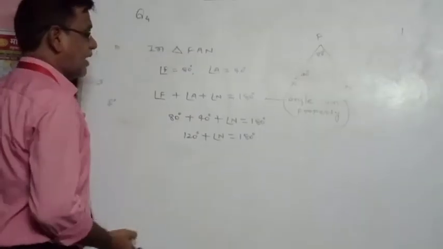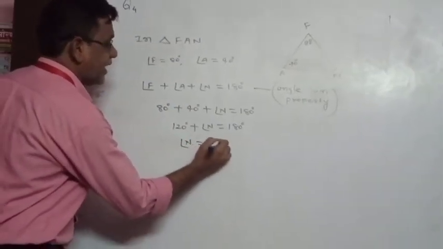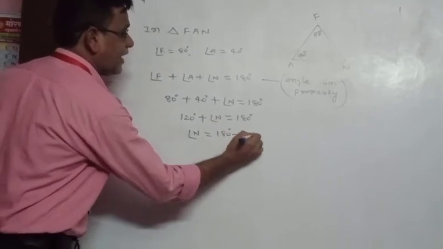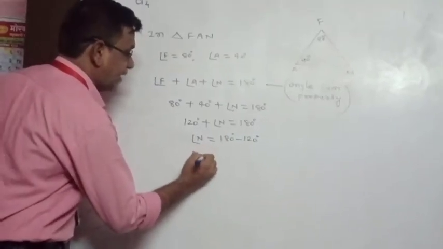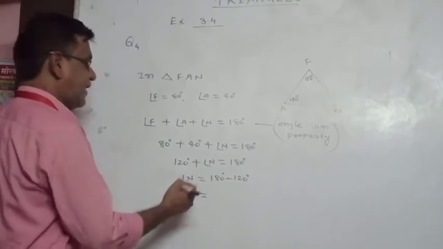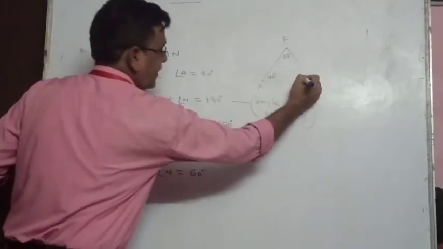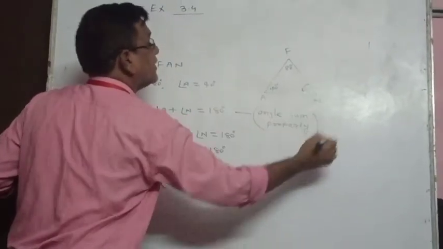Now angle N is equal to 180 degree minus 120 degree. It means angle N is 60 degree. Means third angle is 60 degree.